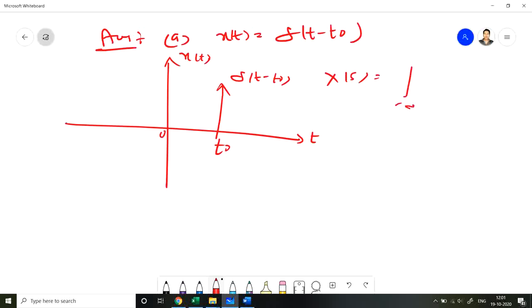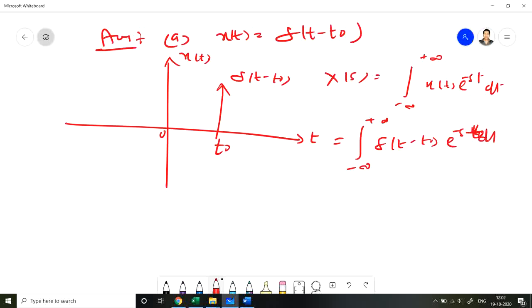So X(s) is the integral from minus infinity to plus infinity of x(t) e raised to the power minus st dt, by the definition of Laplace transform. So it is delta(t minus t naught) e raised to the power minus st dt.